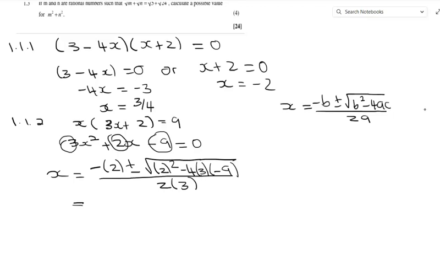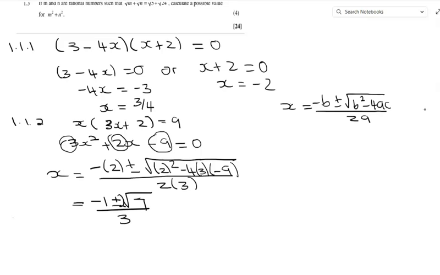So the answer is going to be negative 1 plus or minus the square root of 7 2 over 3. This is going to be our answer.